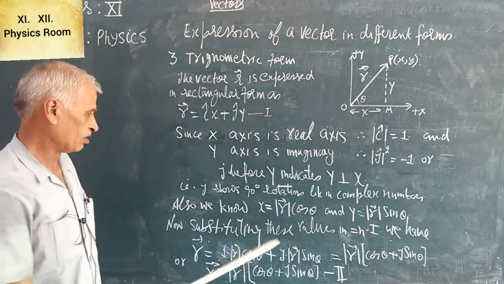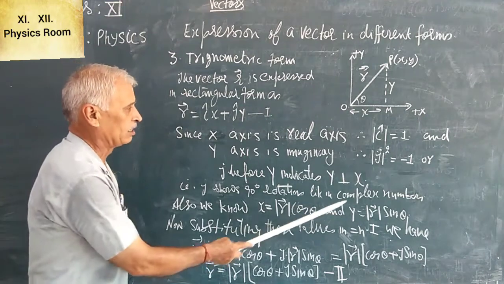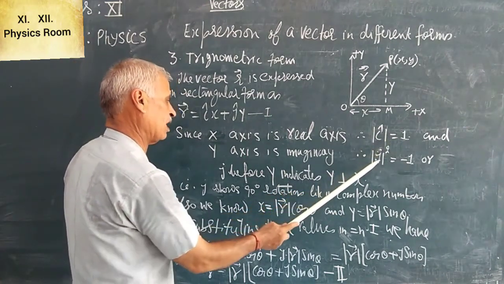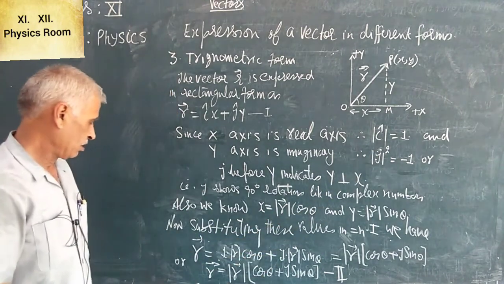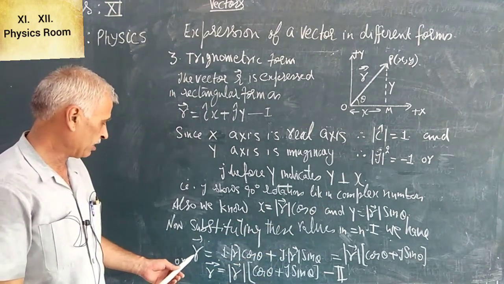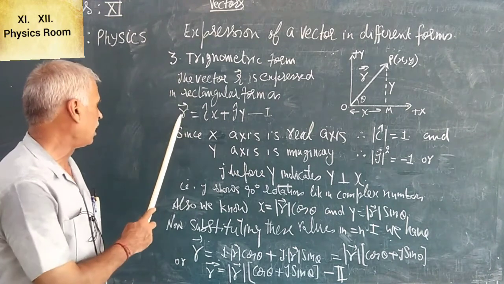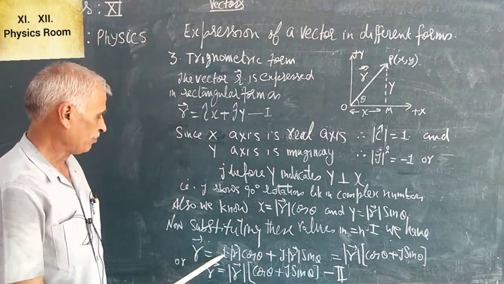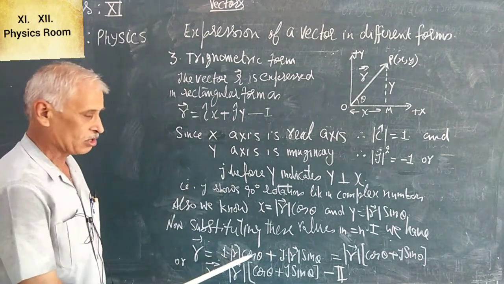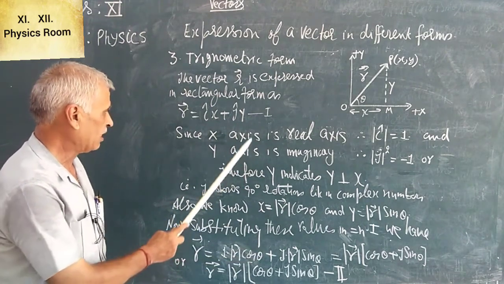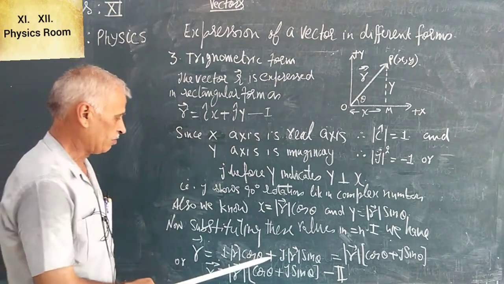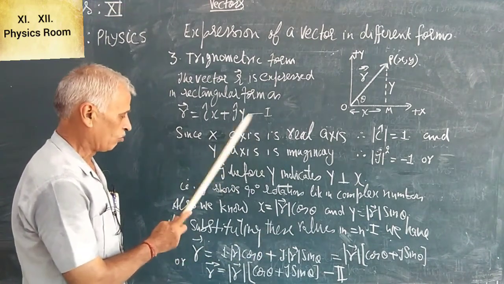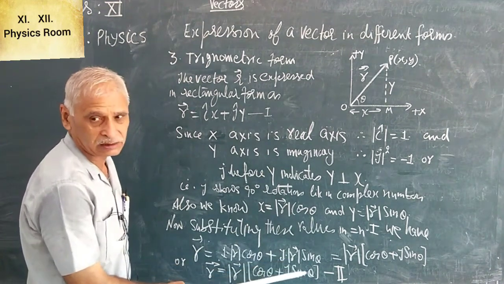Now substituting the values of x, y, mod i cap equal to 1, and j, we arrive at the expression: vector r is equal to mod r cos theta plus j mod r sin theta.